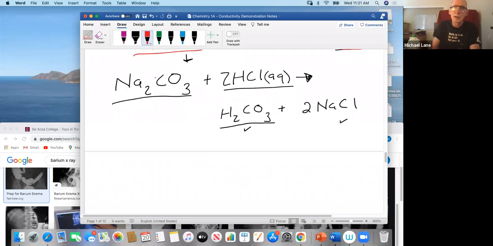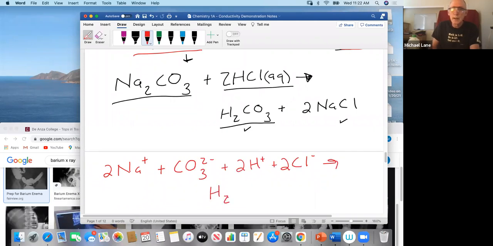So here is the molecular equation. The total ionic equation would start off something like this. And there's a couple of different ways, both of which I find acceptable, to write this. There's everything on the left. Carbonic acid is a weak acid.